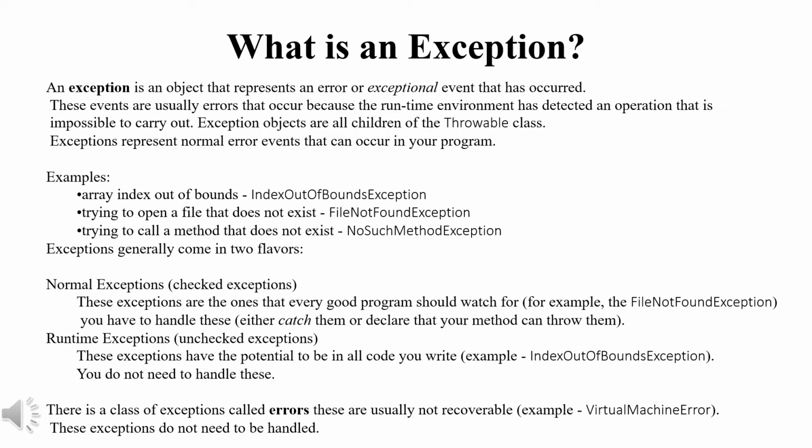So here are some examples of exceptions. For example, IndexOutOfBoundsException. What is this exception? It happens when an array index is out of bounds. Or FileNotFoundException, which happens when you are trying to open a file that does not exist.